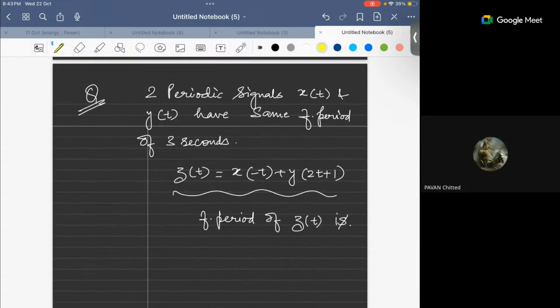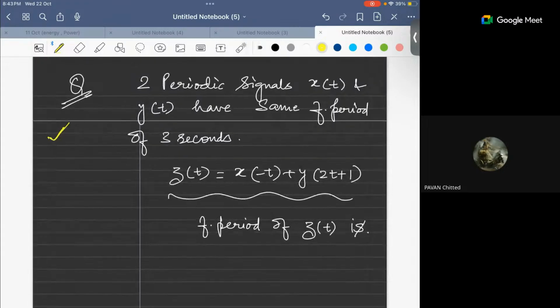You calculate this. This is also a very simple example. What will be the value? I'm giving the options also: 1, 1.5, 2, 3.